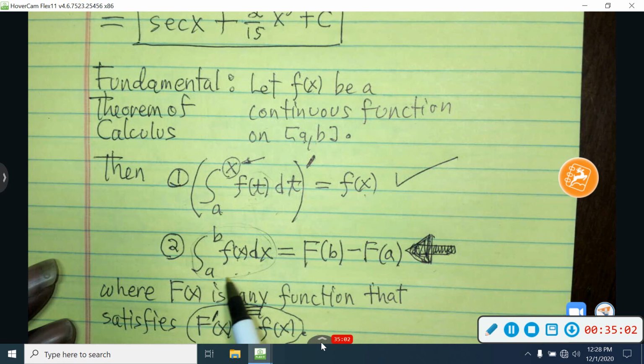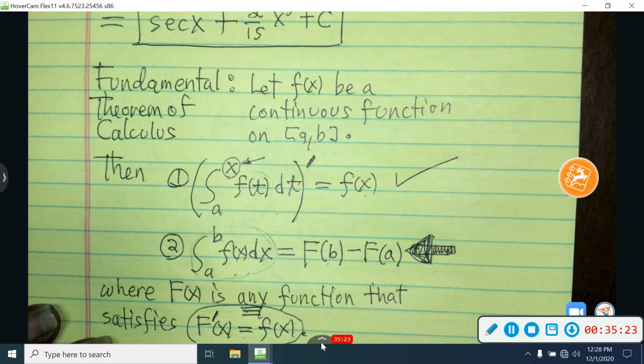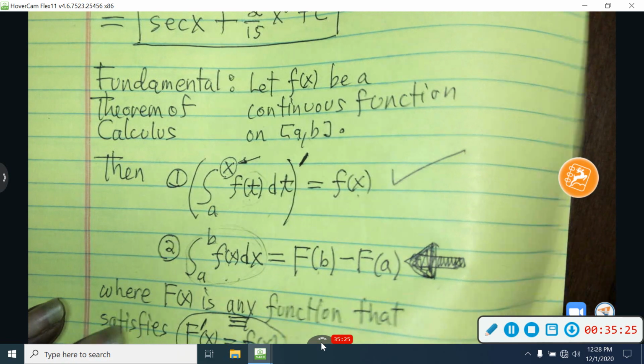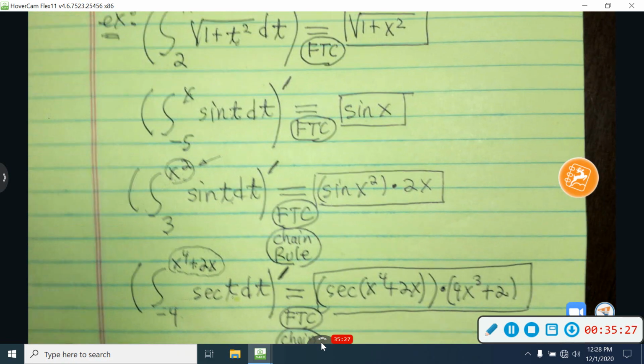Verbally it's called the definite integral from a to b of f. And he says, it could be found by taking any function that differentiates to be f, shoving this number b into it, shoving this number a into it, and subtracting. Oh my gosh. You kidding me? Instead of take the limit of that sum. Well, let's do it. Let's do some.